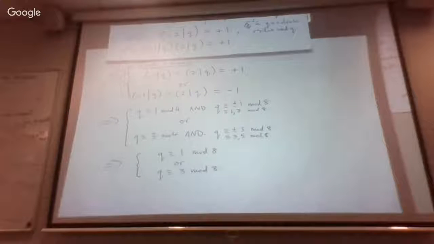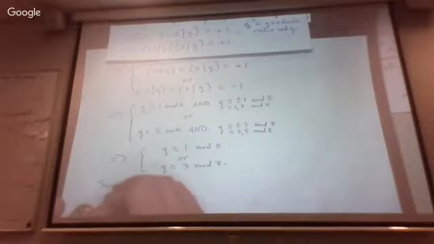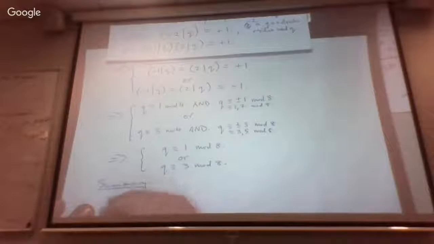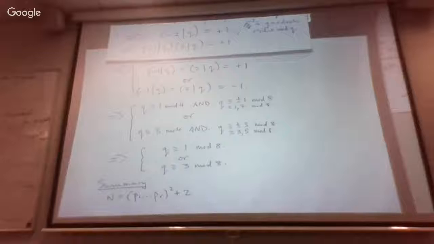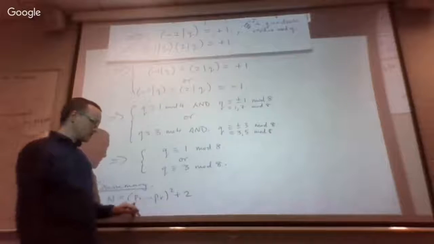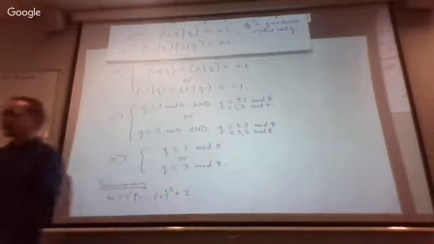So where were we for a second? So, summary, where we got: if n is this number, the product of all, wrongly assuming all of the primes congruent to 3 mod 8, that's all of them there, we've assumed, we squared them, we've added 2.